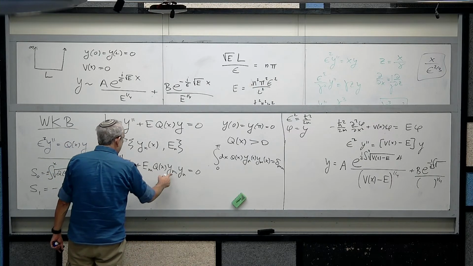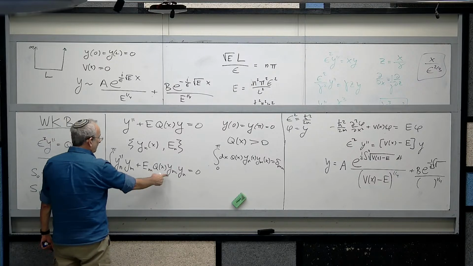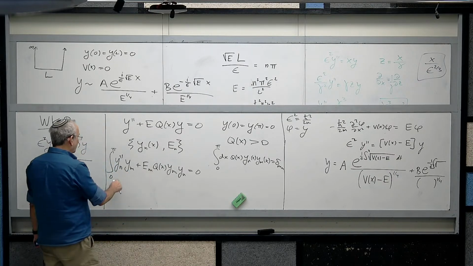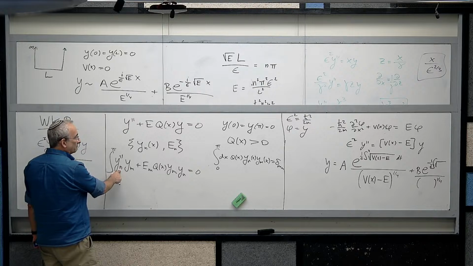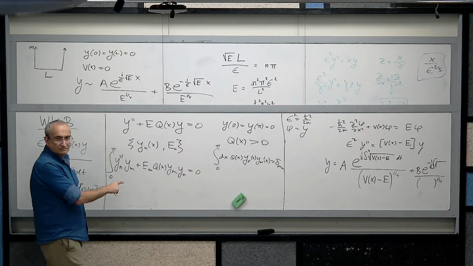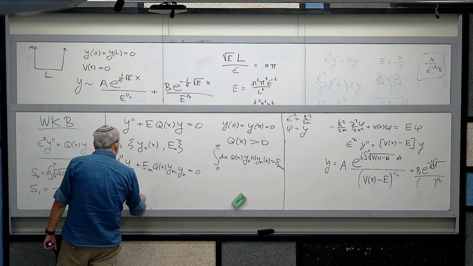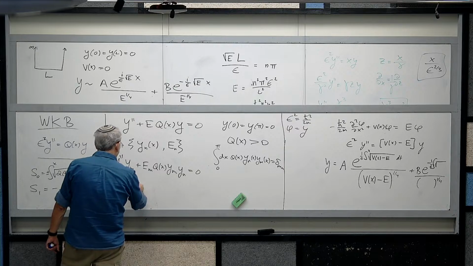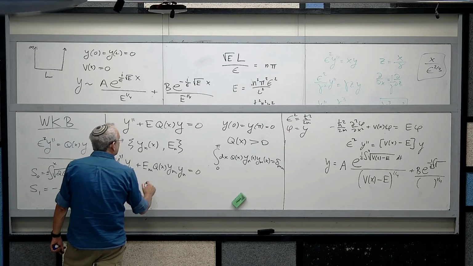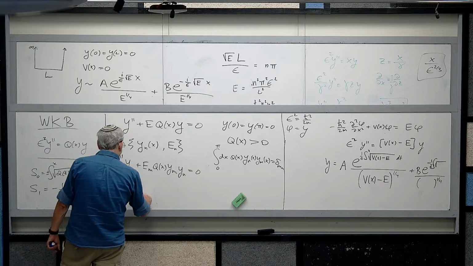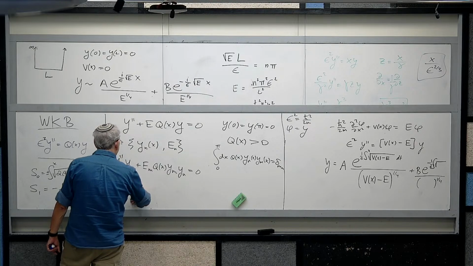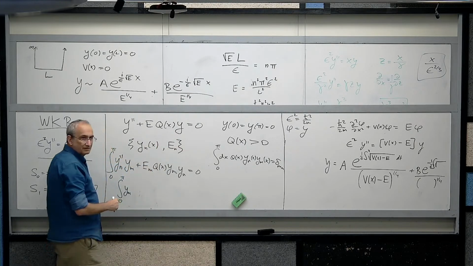So now I can take the ym. Everything is multiplied by ym. Okay. And what is yn double prime? It is minus en q yn. So I can write that the integral from 0 to pi of ym times yn double prime is minus, right?